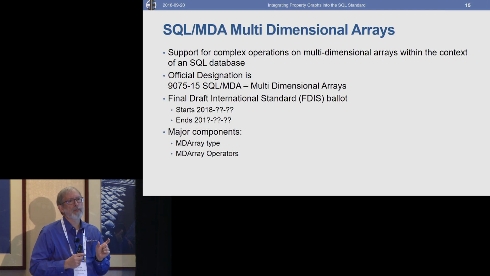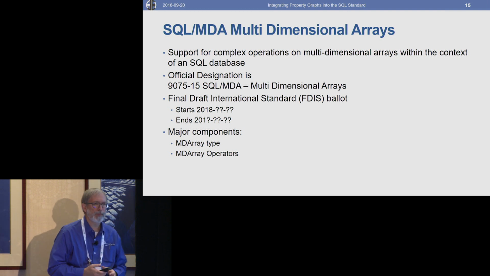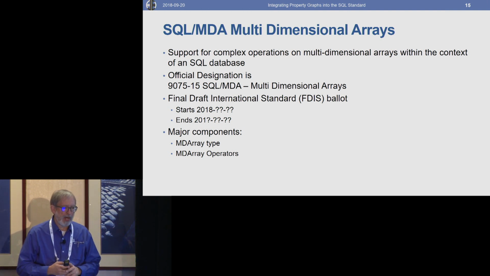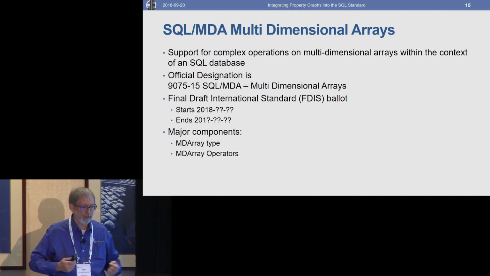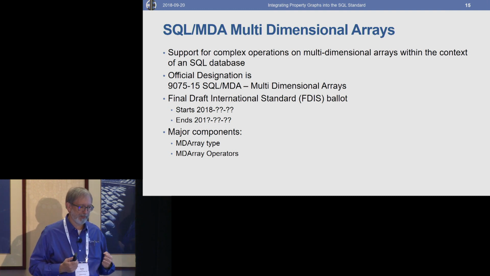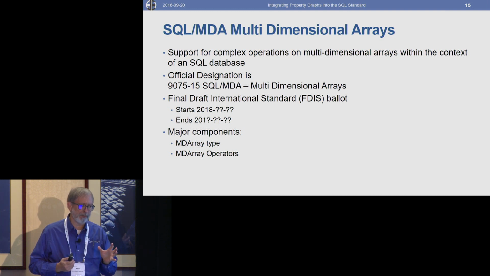So we don't currently support multidimensional arrays that are varchars or binary large objects. But for numerics or fixed length characters, we can pass them in and pass them out. And there's a couple of operators, MD array type and MD array operators.